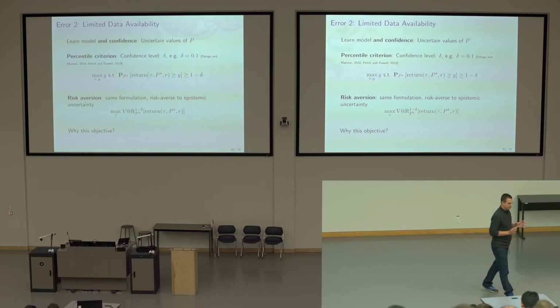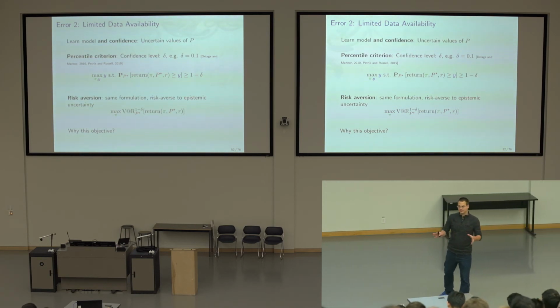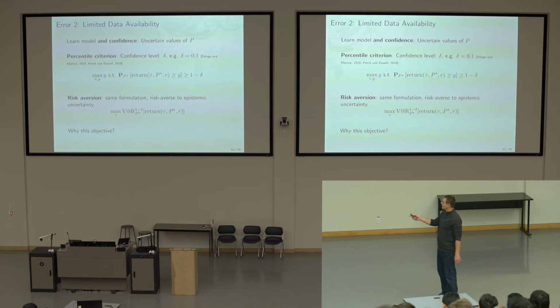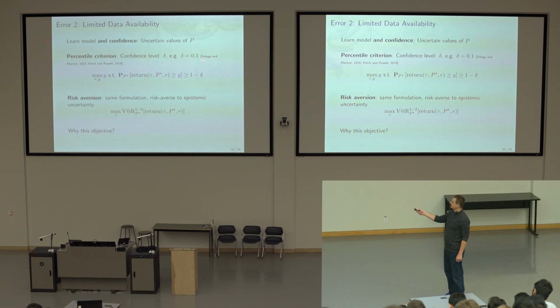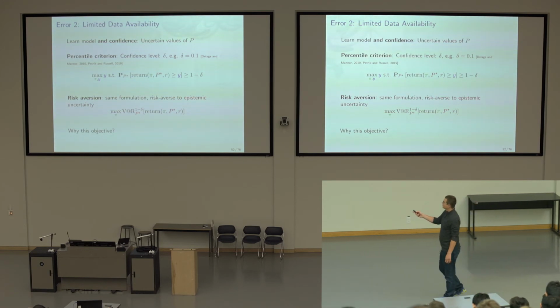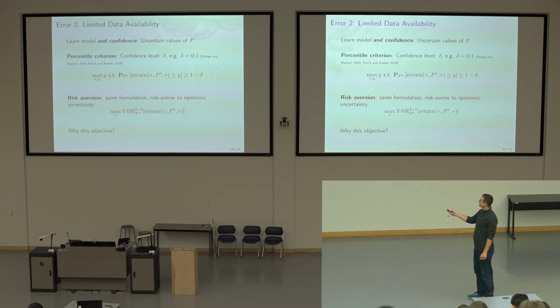So just to show you a little bit more of a formal way of thinking about this problem, the common objective is called the percentile criterion, where you decide on some kind of confidence level delta, and you want to compute a policy that's going to guarantee that your return is greater than some y with the probability of 1 minus delta.